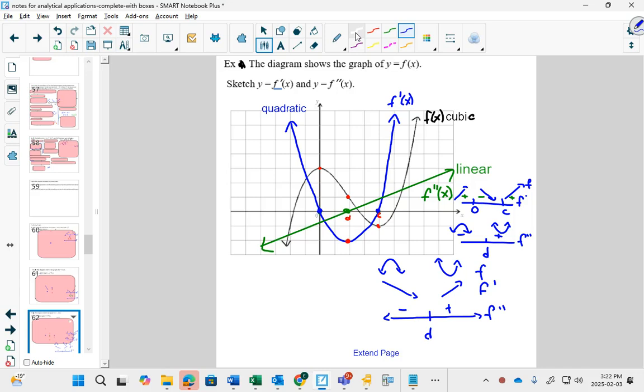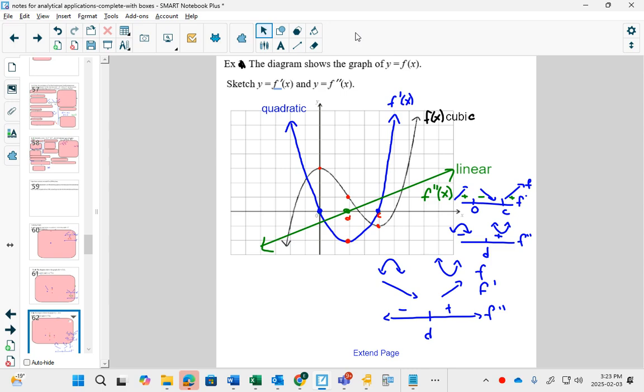And you can, with the F double prime, actually show three things. Usually we just show the plus or minus in concavity because we're worried about the original graph. But in this case, we could also talk about what's happening on F prime. Is F prime going down and then up? Yes, we can see that as well.